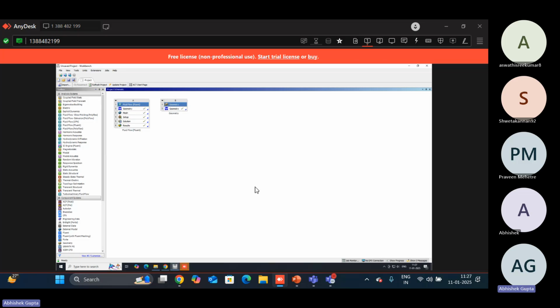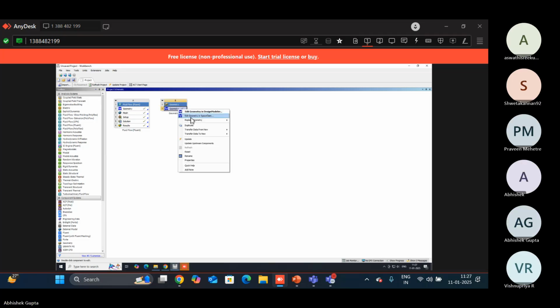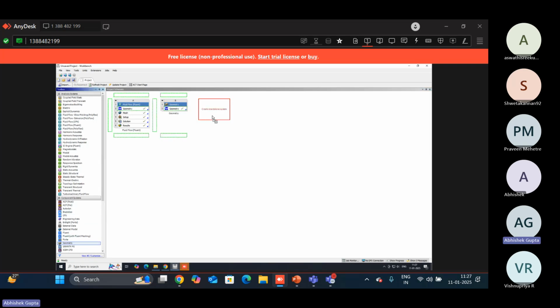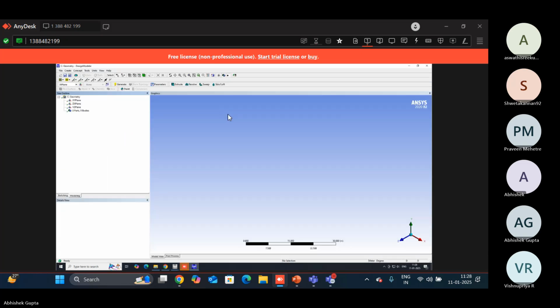You can open your Workbench, open the design model. Open geometry. Take a sketch and select the plane.